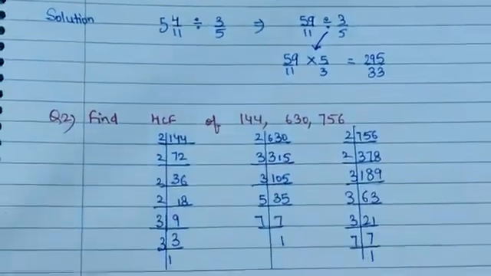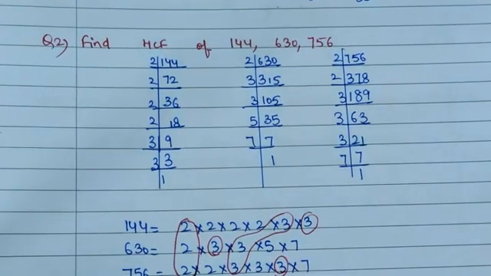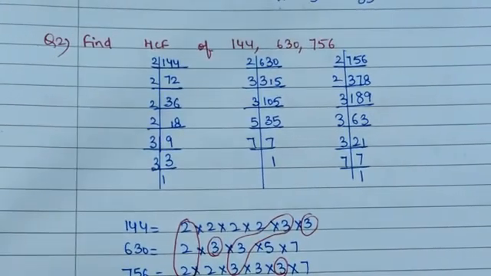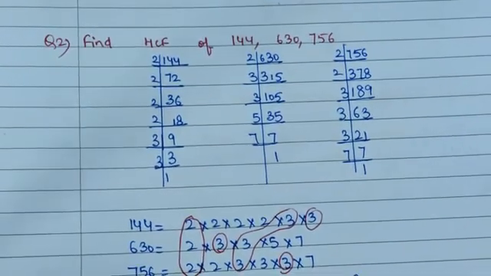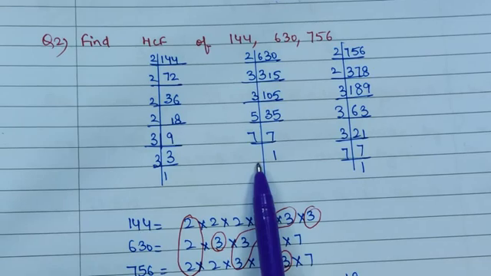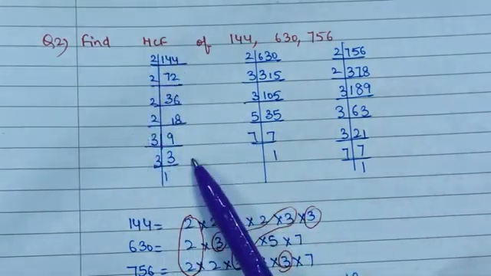Now the next question is, we have to find the HCF of 144, 630 and 756. First of all, we will find their prime factorization individually.